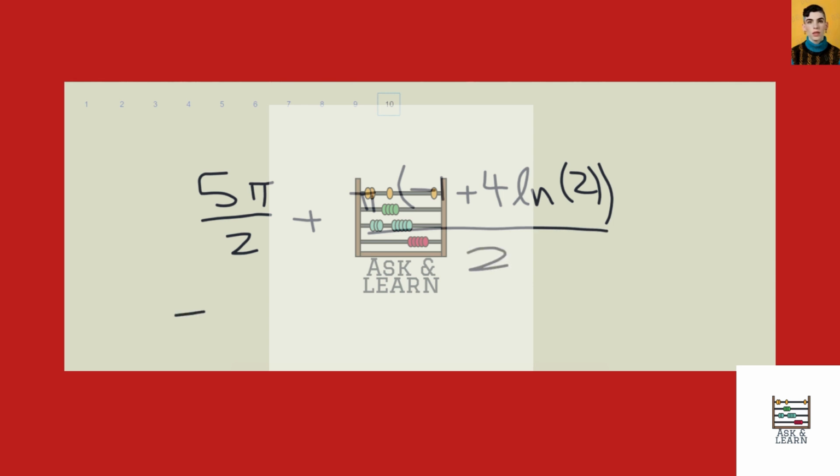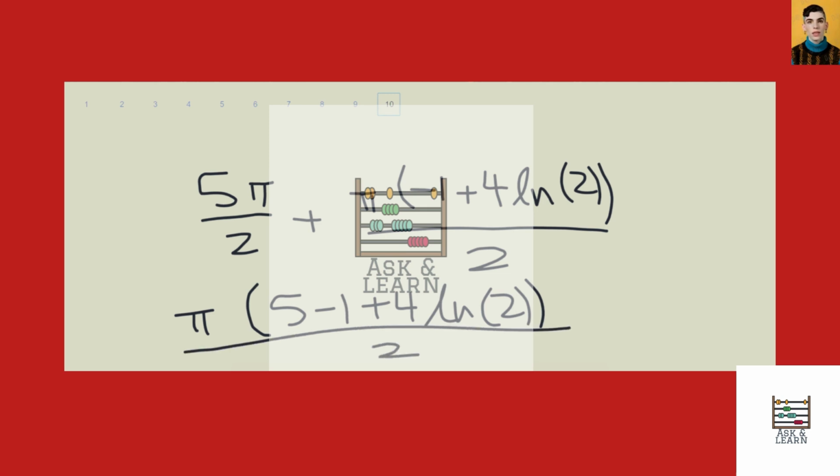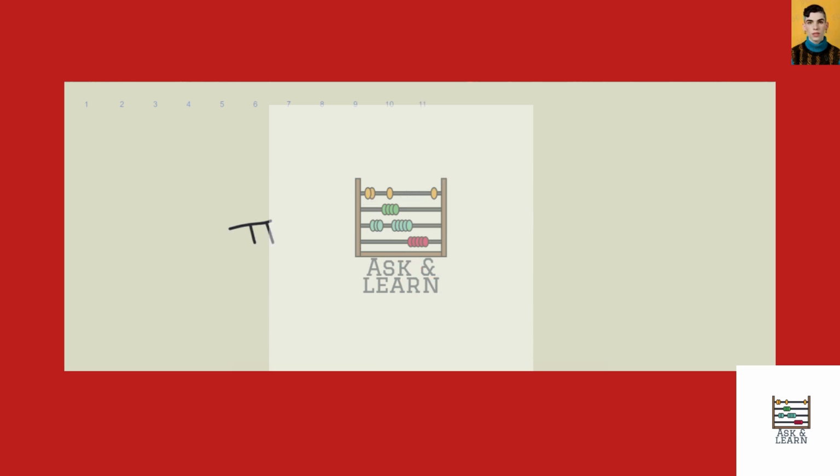And what we get is, we pull out the pi, 5 minus 1 plus 4 ln 2, all over 2. And that's just 4, and you could divide by 2. So it all simplifies to pi times 2 plus 2 ln of 2. And that's our final answer.